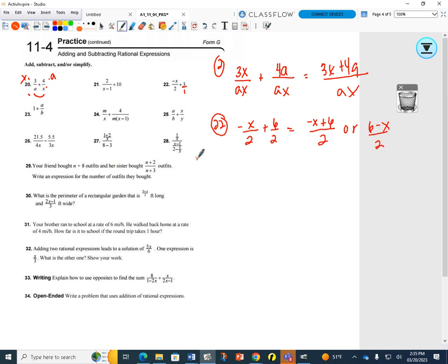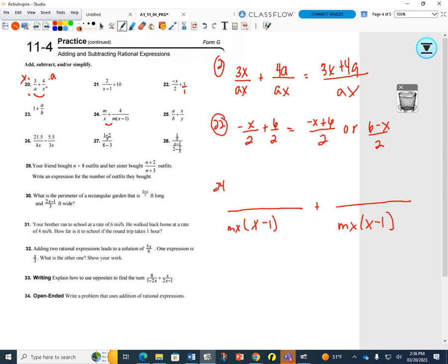Moving on to 24, just multiplying the denominators. So for 24, I'm going to wind up with the denominator here of mx times x minus 1, plus mx times x minus 1.